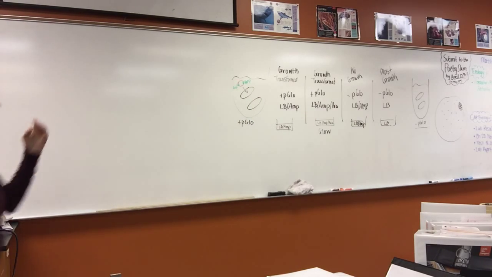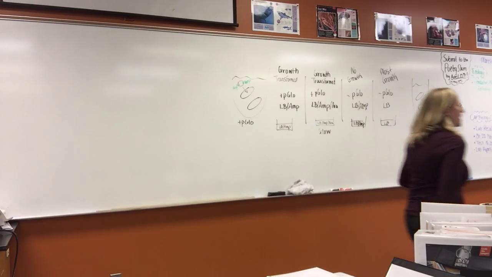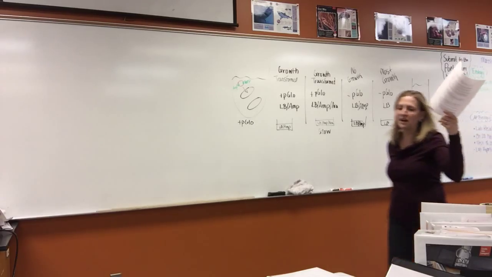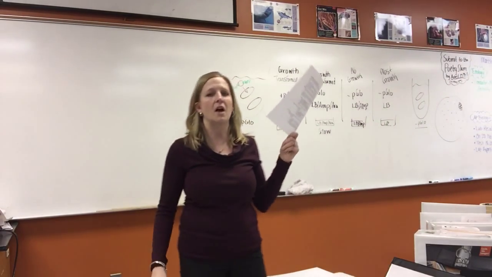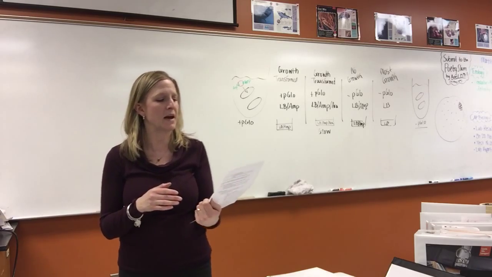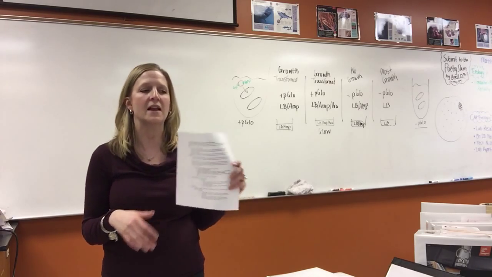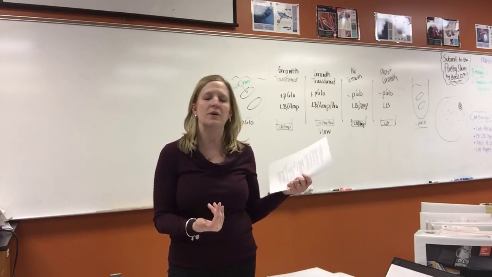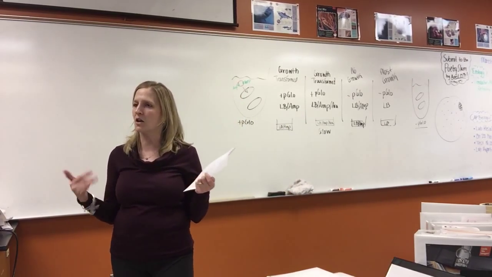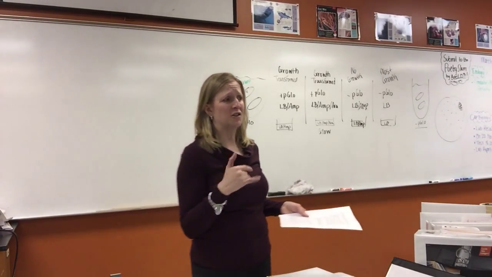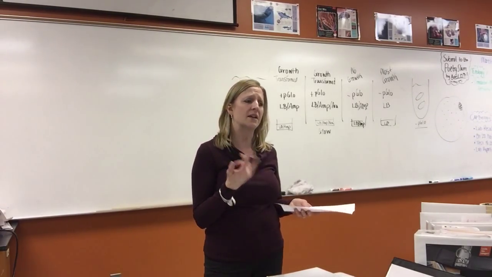So let's take a minute and talk about the lab right up here. This sheet I gave you on Friday with the other lab stuff says AP Biology Formal Lab Report format. This is the same format we've used for other lab reports, so I'm not going to go through every section because we've already done that, but I'm going to highlight some of the things that are different.